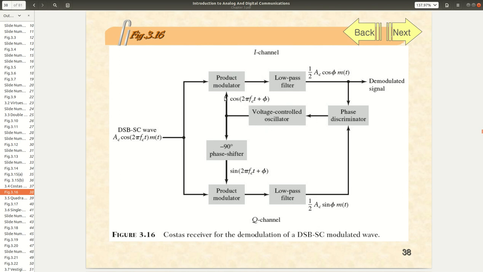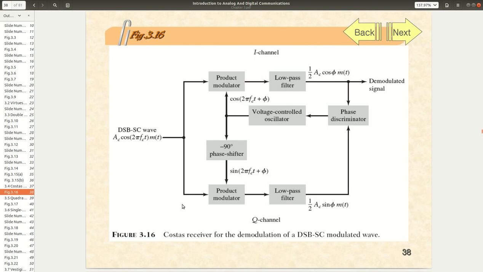The oscillator makes a cosine or sinusoidal wave at a specific frequency, but with some error. As you multiply by the detected signal and apply the low pass filter, you will have m of t, and there is this phase that we want to remove.